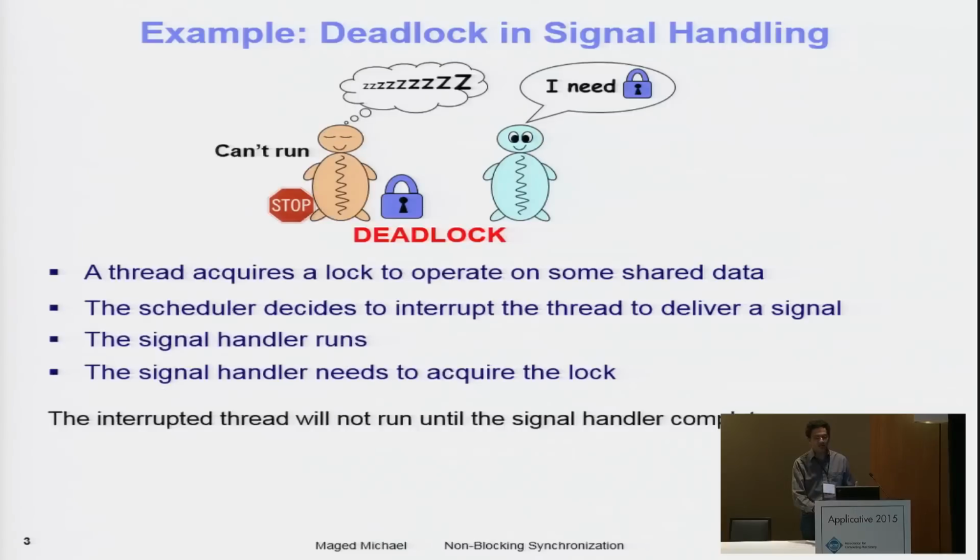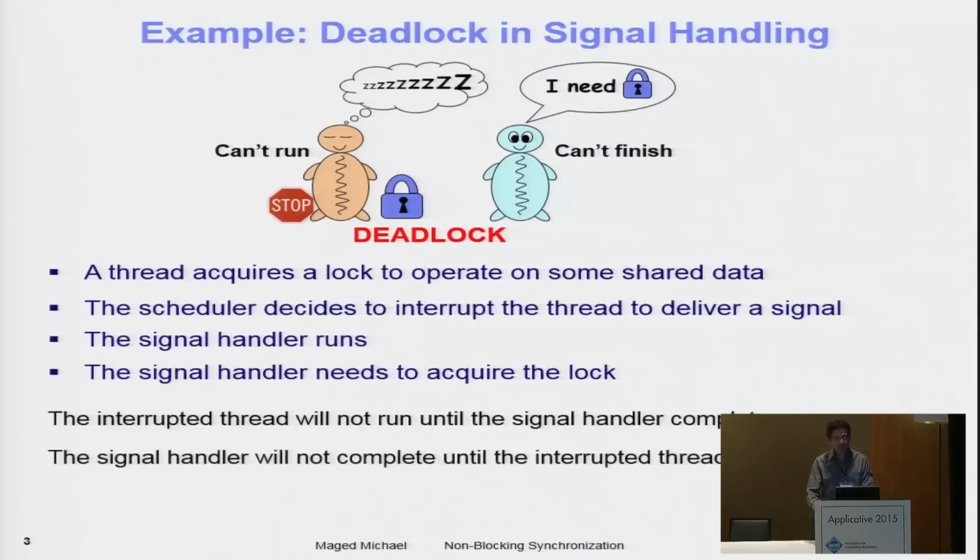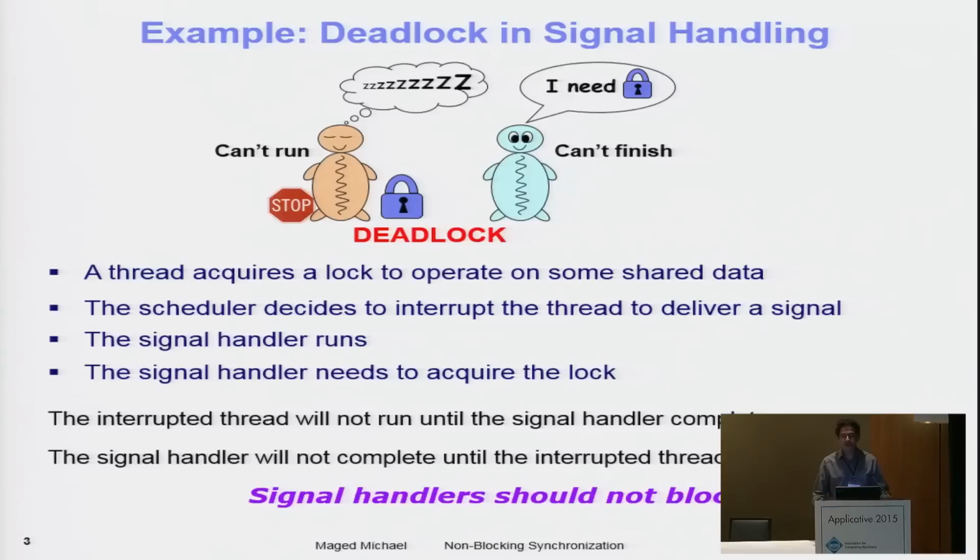The main thread cannot run because it's waiting for the signal handler to finish. The signal handler cannot finish because it's waiting for the main thread to release the lock. So in general, we can't use locks in signal handlers because we cannot block, we cannot have the signal handler block waiting for action by the main thread.